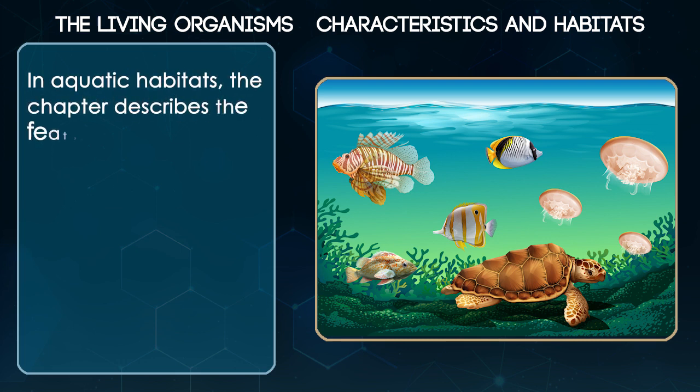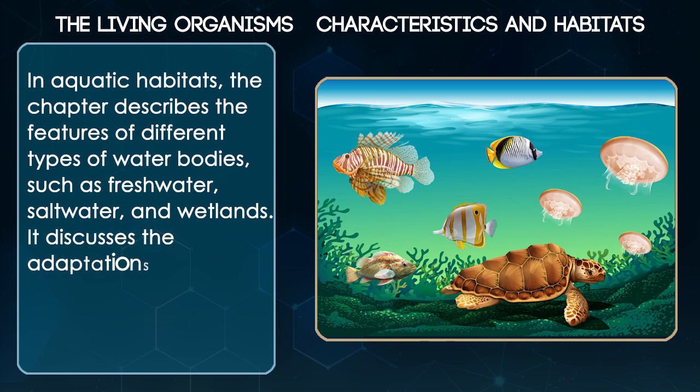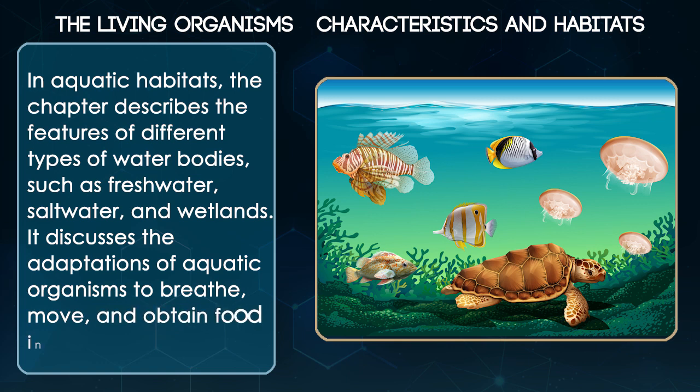In aquatic habitats, the chapter describes the features of different types of water bodies such as freshwater, saltwater, and wetlands. It discusses the adaptations of aquatic organisms to breathe, move, and obtain food in their habitats.